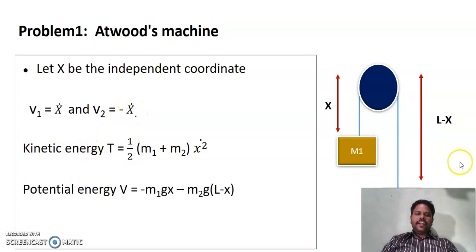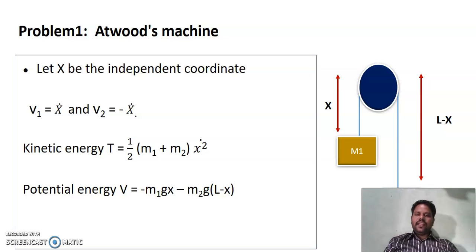Then the total kinetic energy of the system is given by T is equal to half into m1 plus m2 into x dot square. Then the potential energy V with respect to the pulley is given by V is equal to minus m1gx minus m2g into L minus x.